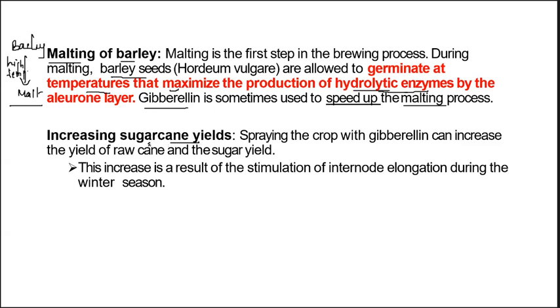The greater the height of the sugarcane, the more sugar is produced in it. So when gibberellin is applied to sugarcane, it helps in the internodal elongation of the sugarcane. The more elongated the sugarcane will be, the more sugar yield it can produce.